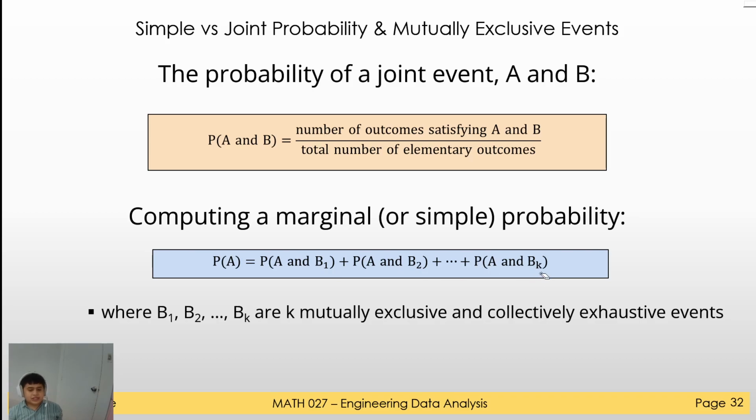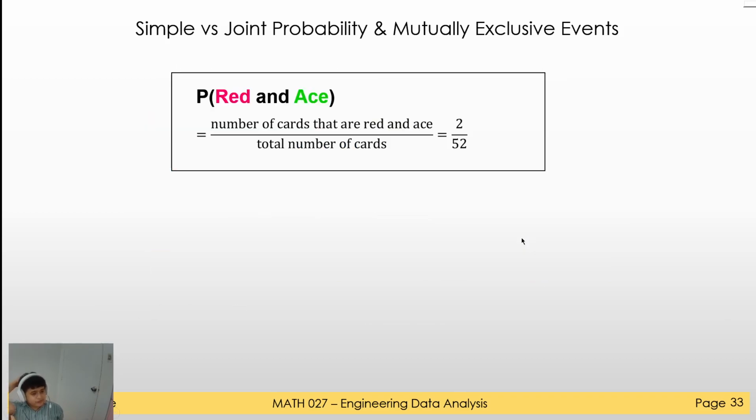So let's just have an example now. It doesn't really make sense here. What does it mean? Let's say we want to find the probability of drawing a card that is both a red card and an ace card. How many cards in the deck are both red and ace? We have two, right? Versus the total number of cards.